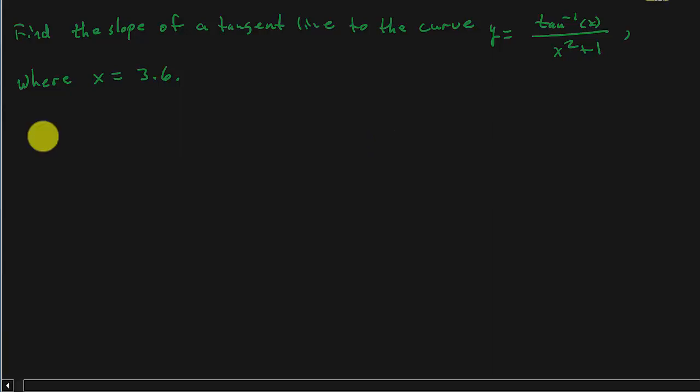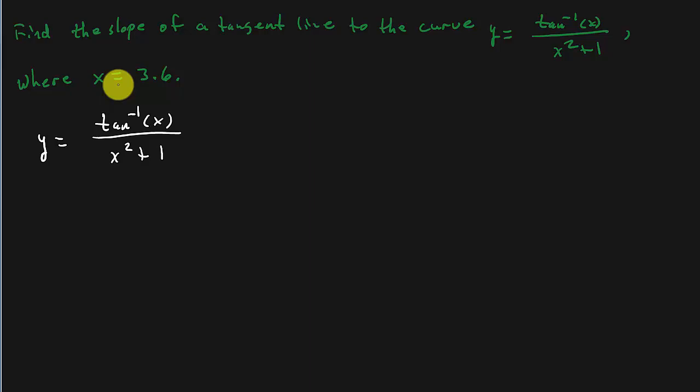All right, so slope of the tangent line, that means we have to take the derivative of y and then plug 3.6 into the derivative, and that'll give us the slope of the tangent line.